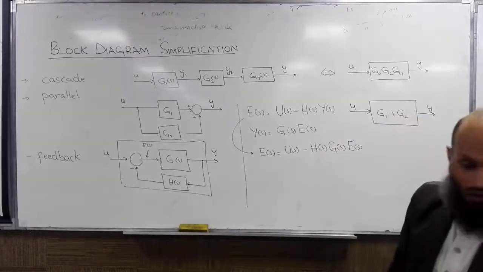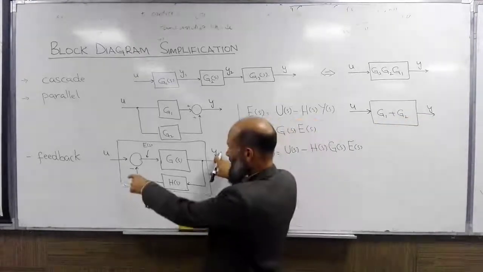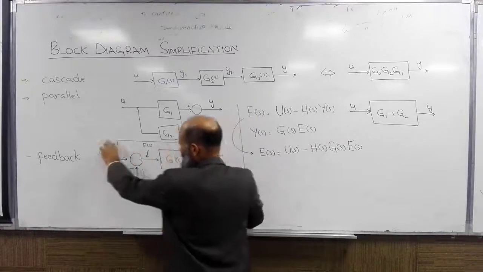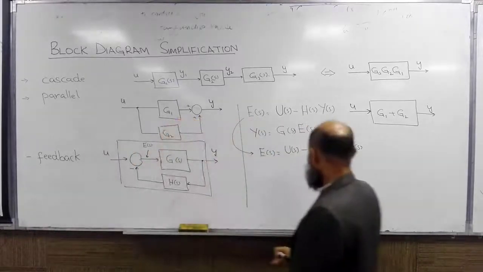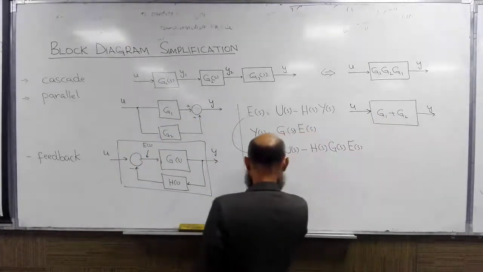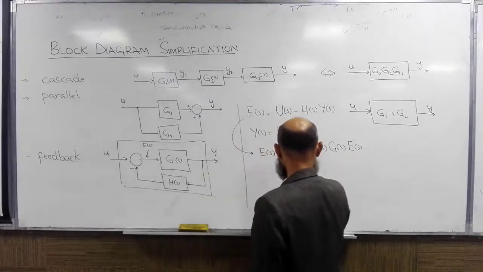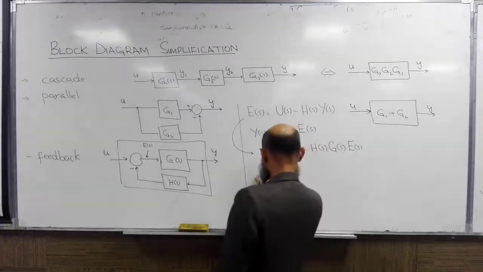What we want to do is obtain a relation between this output and this input. For that purpose, we bring this term to the left hand side and then take E of S common.